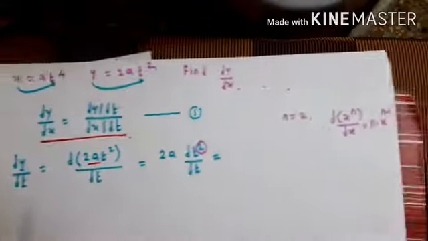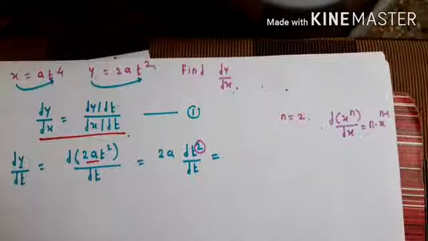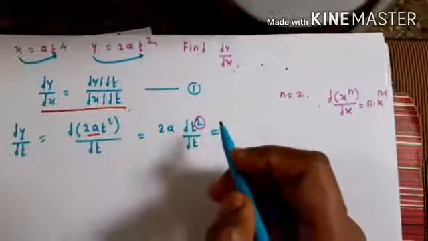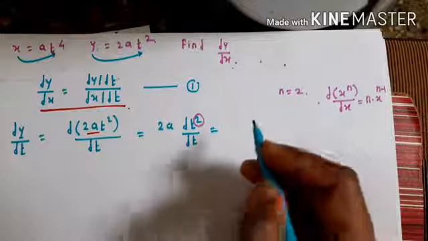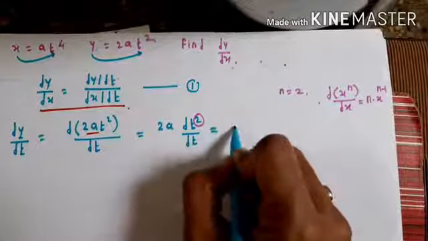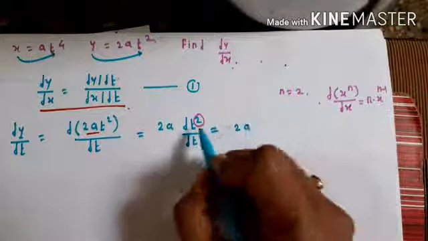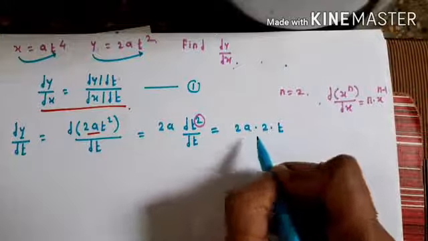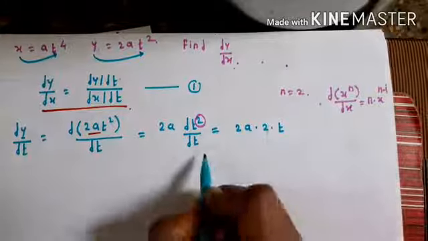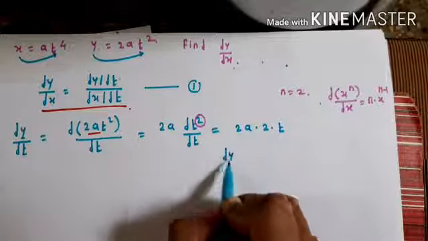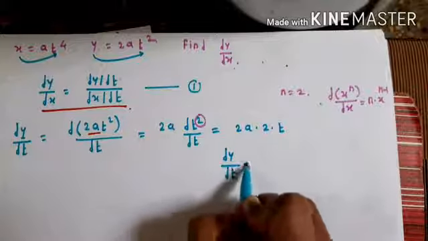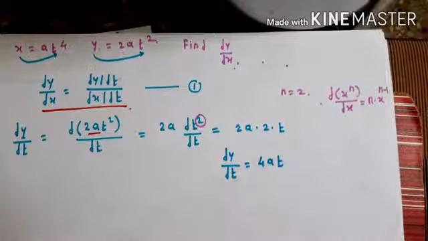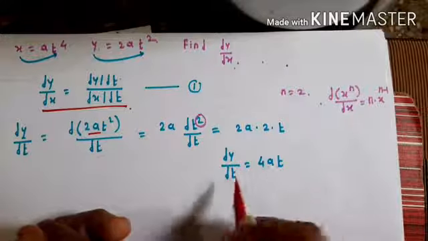By using this formula we can find the derivative. 2a is a constant, and the differentiation of t square is 2 into t raised to 1, and therefore dy by dt equals 4at. This is second.